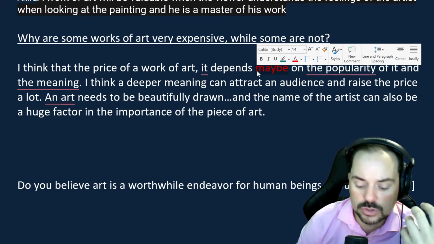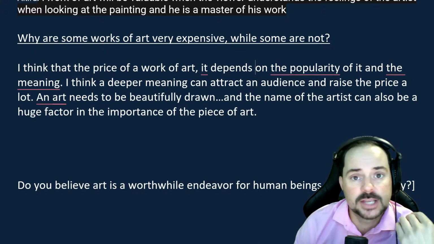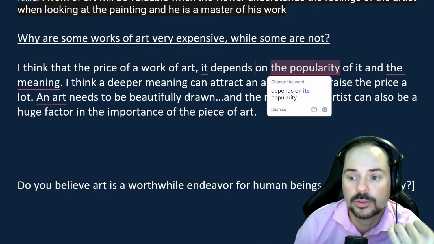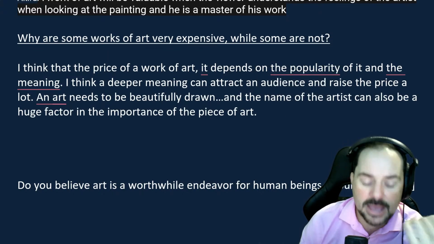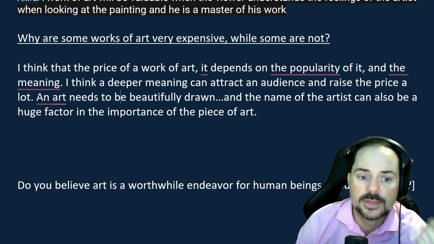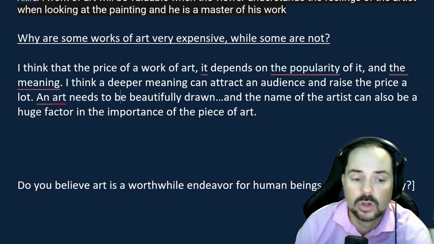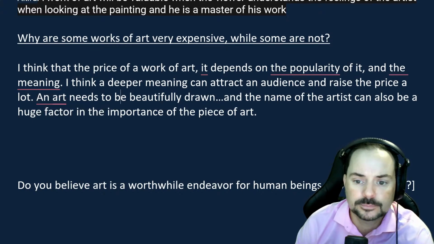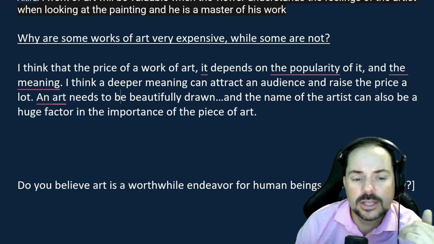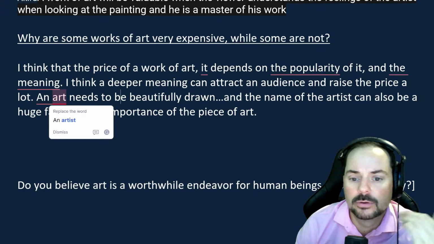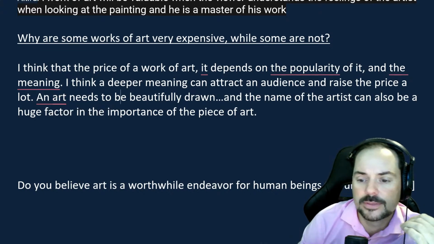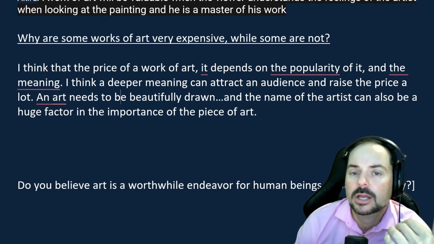So don't use the word maybe. Just say it clearly. It depends on the popularity of it and the meaning. Okay. And then you said, I think a deeper meaning can attract an audience and raise the price a lot. Okay. And then you started to talk about that it needs to be beautiful and the name of the artist.